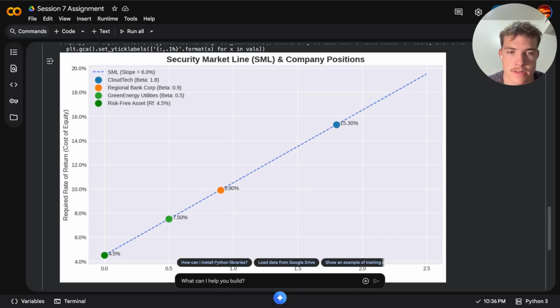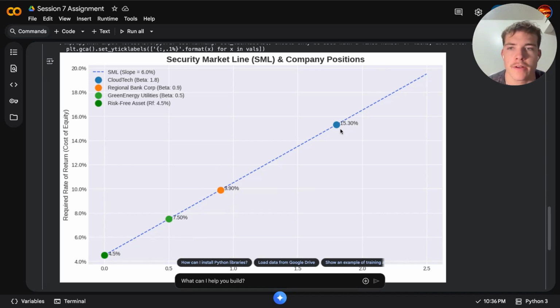is the systematic risk. You can see that the line starts at 4.5%. That's our risk-free rate, where beta is 0. And the line slopes upward about 6%, and that's our slope, which is our market risk premium. And most importantly, you can see our 3 companies plotted directly on this line, visualizing the story, where Green Energy is down here in low risk.